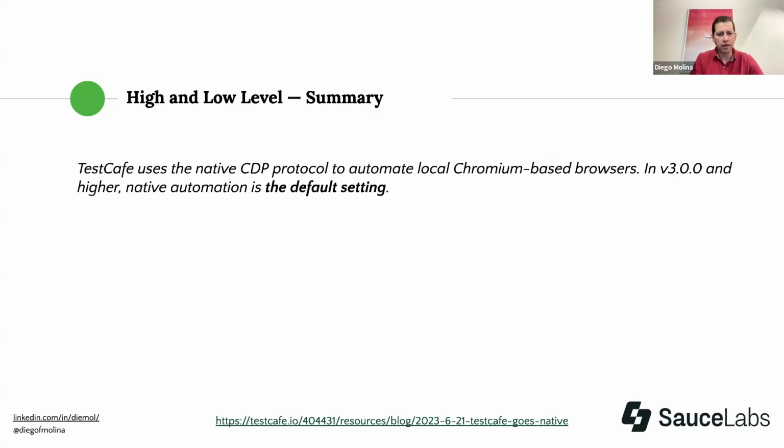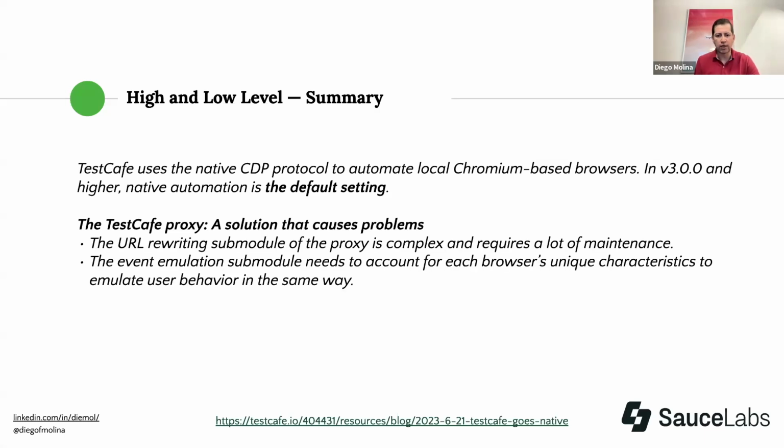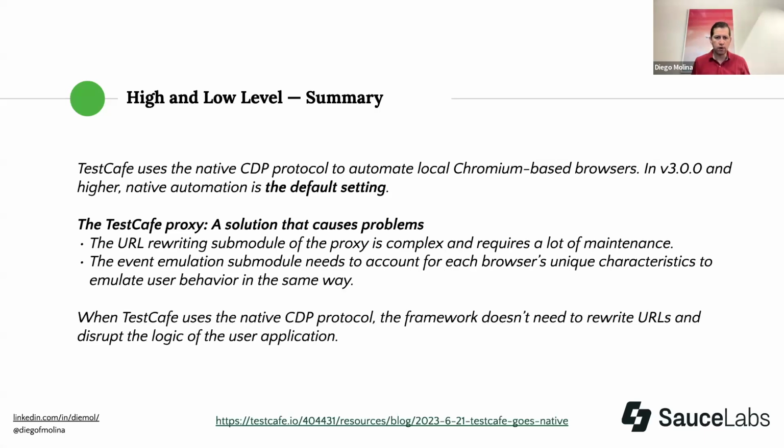The first step they're taking into this is to use the native CDP protocol to automate Chrome-based browsers. And then they also have this Testcafe proxy for the rest of the browsers. But then they realized that all the things they were using for their particular solution were creating an overhead for all their tests.